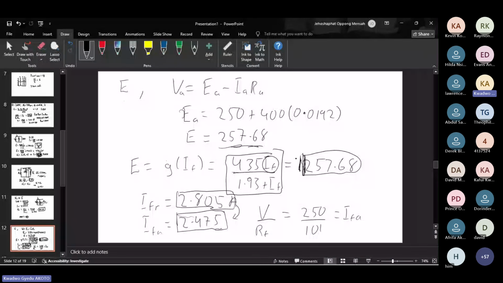And we know that current from our shunt field alone is just this, right? So whatever is left for us to get this is equal to the current in our series field, right?